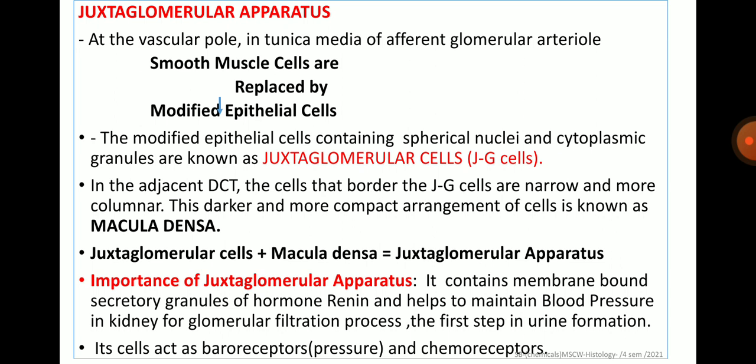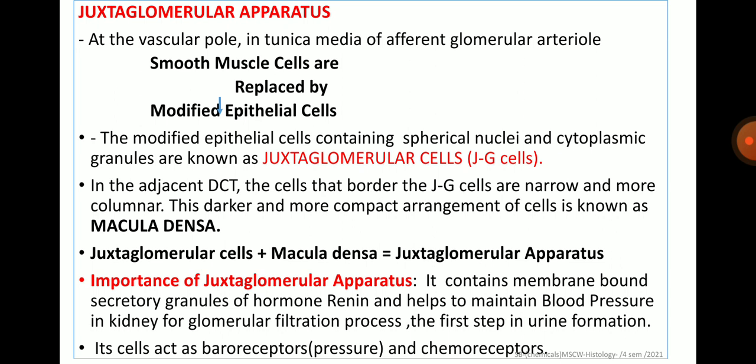Juxtaglomerular apparatus, another interesting structure. So at the vascular pole, that is the region where the afferent renal arteriole enters into the Bowman's capsule, in the tunica media of the afferent glomerular arteriole, smooth muscle cells are replaced by modified epithelial cells.